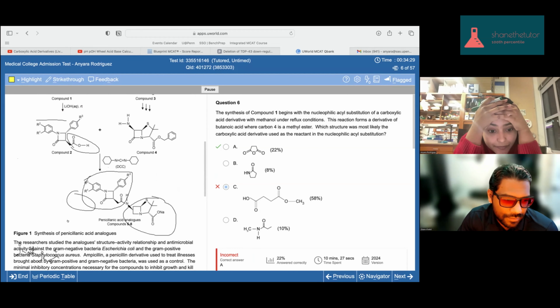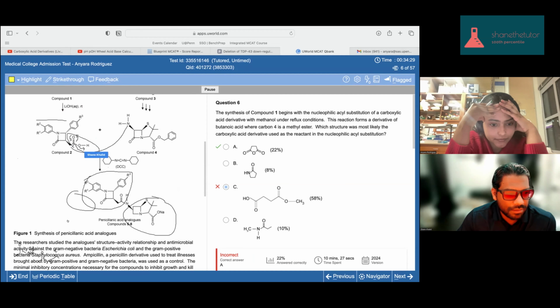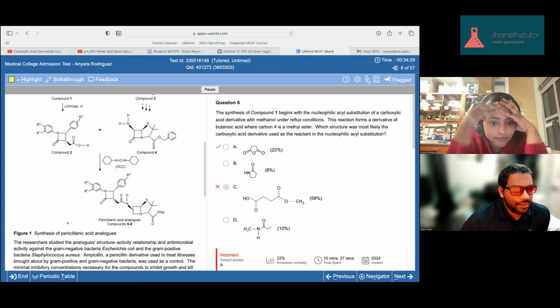So what seems to have happened is, I think, maybe this attacked here, that went up, this came back down, and then this OH came off to make that amide in a dehydration synthesis reaction, right? And we just get analogs, which are compounds five through eight. So, okay.